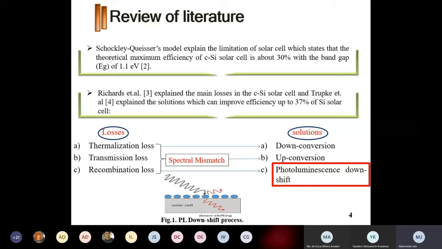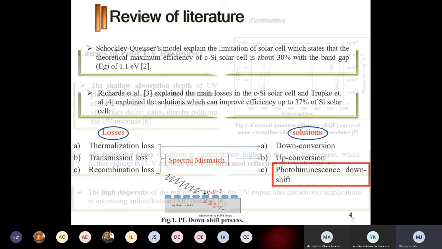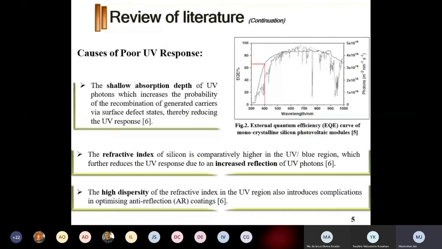These losses occur at the surface of the crystalline silicon solar cell due to the high energy photons. First we will see the cause of poor UV response, as we can see in the external quantum efficiency near 300 to 400 nanometer wavelength.